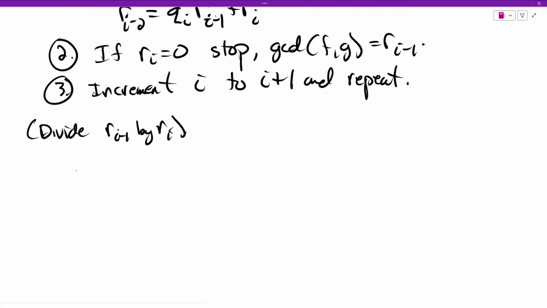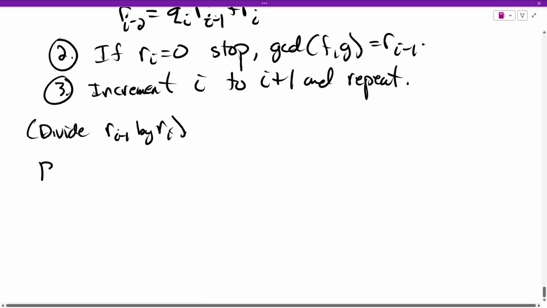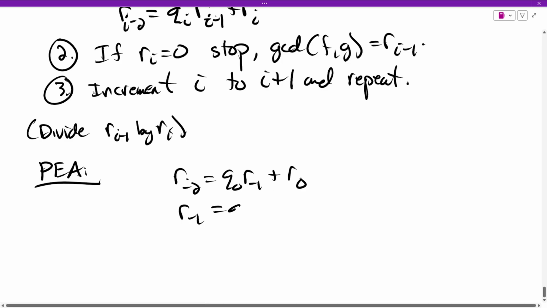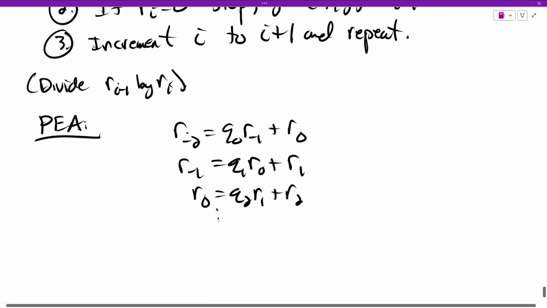So the polynomial Euclidean algorithm produces this sequence as follows. Let me start off at 0 rather. So r_{-2} is some q_0 r_{-1} plus r_0. And then you divide r_0 into r_{-1} to get some quotient and then some other remainder r_1. And then you divide r_1 into r_0 to get some other quotient and some other remainder r_2. And you keep going.